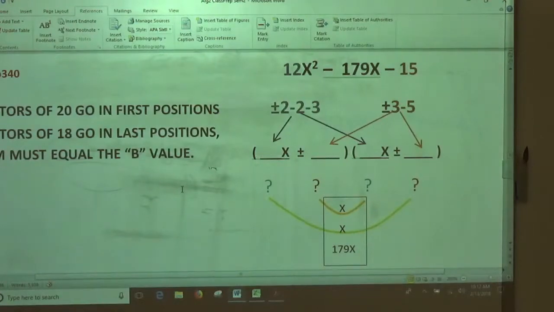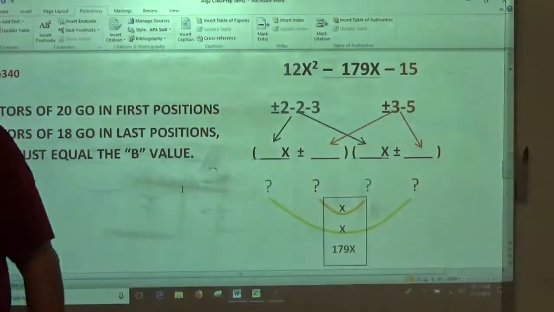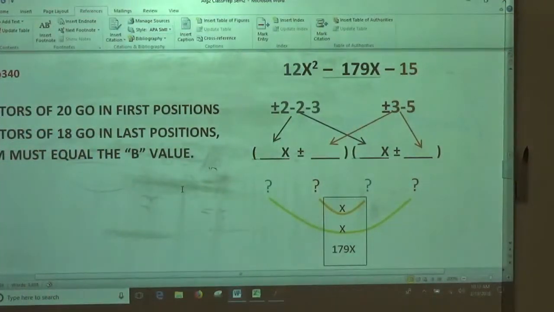Anybody know what 12 times 12 is? 144, right? So I have to put a 12x here and a 1, because that's the only way to get up to 179. And then you have to figure out what the other number is. Please try it.